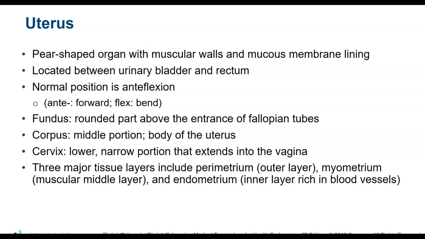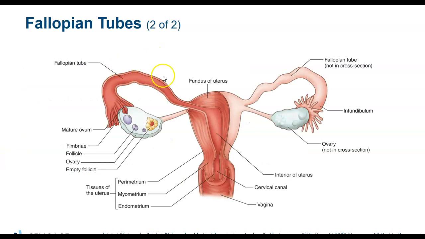There are three major tissue layers. There's the parametrium, which is the outside layer, the myometrium, which is the middle layer, and the endometrium, which is the inner layer, and that's very rich in blood vessels. So I'm going to go back to this picture for just a second, and you can see, here's the parametrium, here's the myometrium, that's the muscular part, and the endometrium is the internal lining.